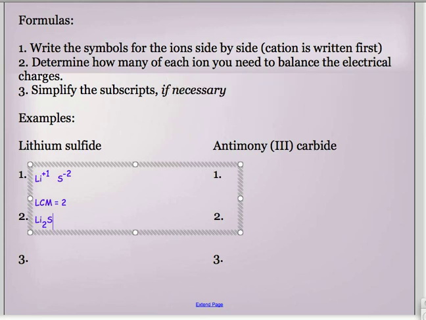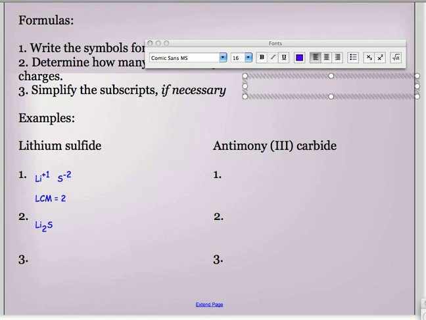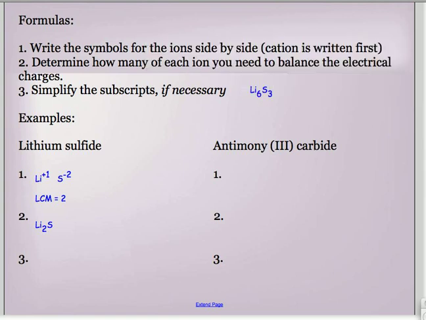And then the third step for this guy is kind of already done, because that's as low as it can go. And what I mean for this step up here is, say we had something like this. What I mean for this last step, simplify the subscripts, is these are both divisible by a number, and basically what it means is they are not as simple as they can be.